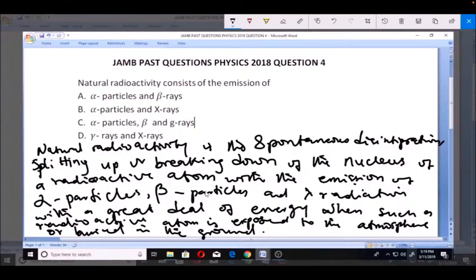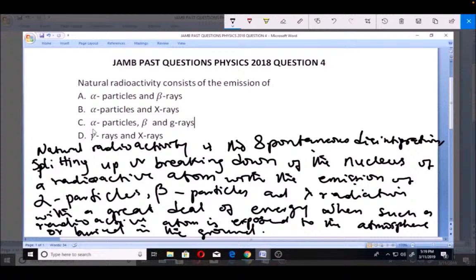So that is what natural radioactivity is. The spontaneous disintegration, that's the breakdown of radioactive atoms like radium and like uranium and all the rest of them, with the emission of alpha, beta, and gamma rays.